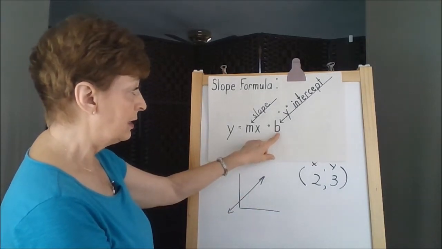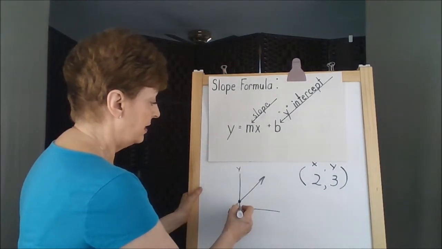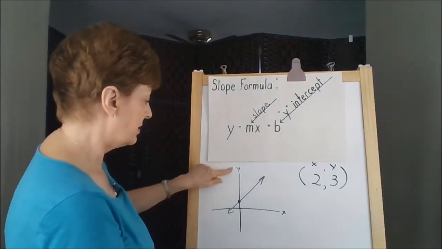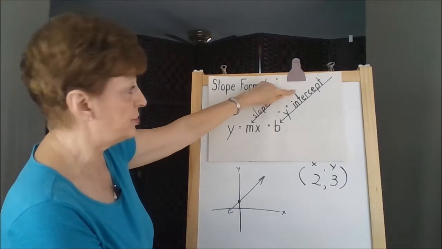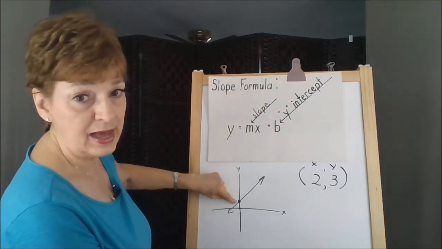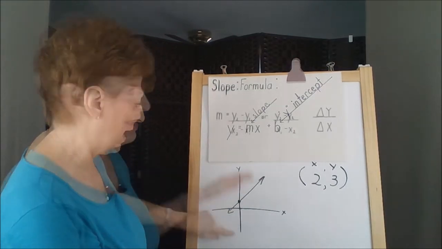And the b term is where it crosses the y-axis. This is the x and the y-axis, and right there at b is called a y-intercept. We're going to figure that from the point that the line hits as it crosses this y-axis.